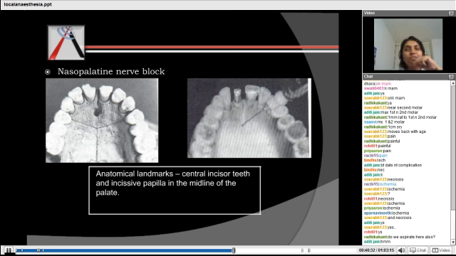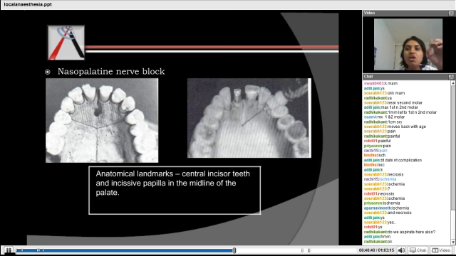Actually, we do aspirate here also, Radhika, we do. Because in greater palatine also we can inject in the vessels, and in nasopalatine also there is a possibility of injecting in the vessels. Although these vessels are not so major that there are that many chances like we have with the inferior alveolar artery, but yes, even here we aspirate.